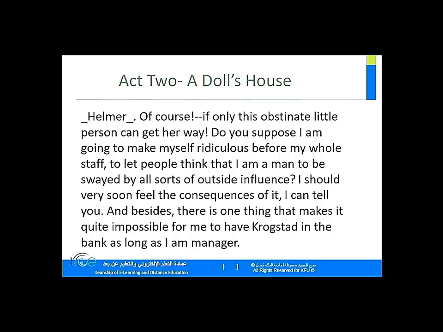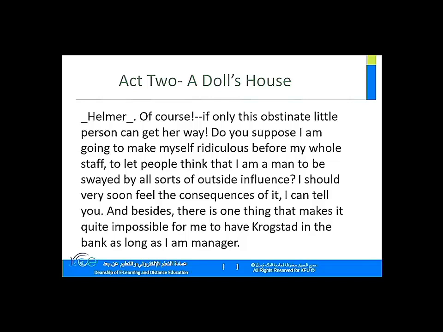And Nora chose her father to do this, and Krogstad gave her the papers to sign from her father. Her father at that time was also seriously ill, and he was not living with Nora in the same town.